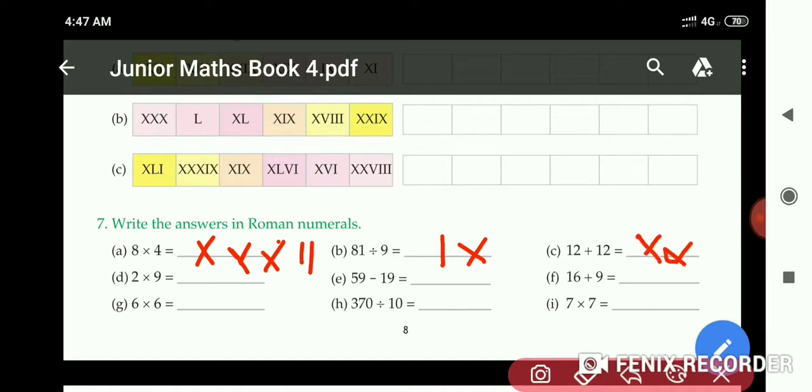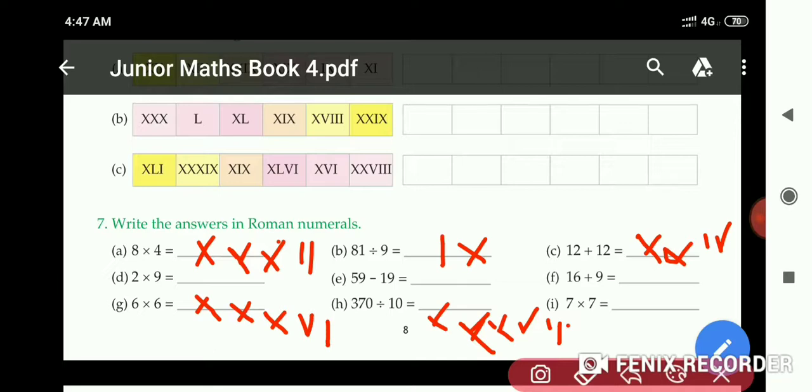So 24. 370 divided by 10. So what is the answer? 37. So 37. 6 into 6, 36. So we will write down here 36. Like this, we will write down the answers in Roman numbers.